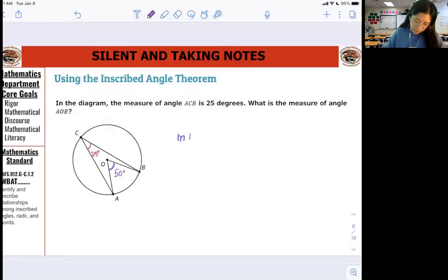What's the measure of arc AB? Also 50, good. Okay. Not too bad, right? Once you kind of get the hang of it, it's pretty simple.